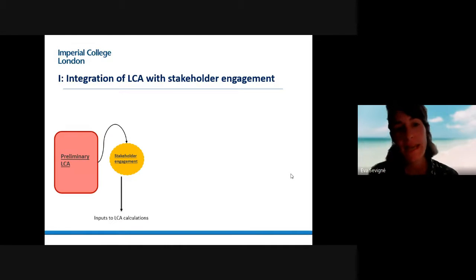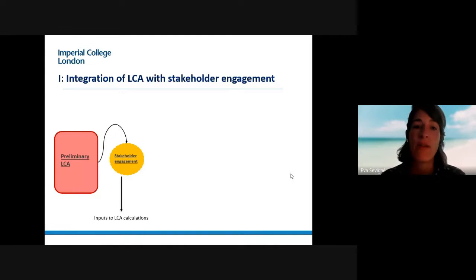So we decided, okay, let's integrate stakeholder engagement within the LCA. But before that, we conducted a preliminary LCA based on the data facilitated by our partners. This data was mainly from experimental activities conducted at lab scale, so we were dealing with a TRL, technology readiness level, around 3 and 4.